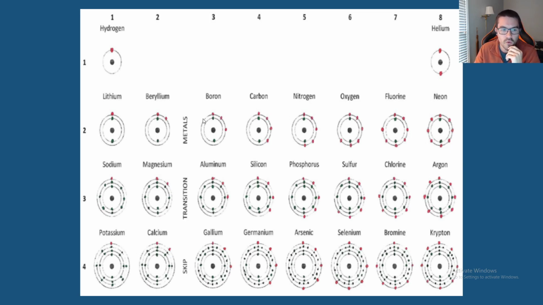So we have to imagine ourselves as being one of these electrons and trying to predict what kind of attractive force these electrons are feeling. How much attractive force are they feeling? Is the attractive force that they are feeling going up as we go across this table, or is it going down, or is it staying the same?